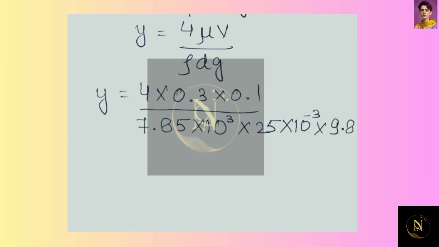So on solving this, we get the value for Y equal to 6.23 into 10 raised to power minus 5 meter. So this is the required clearance length between the tube and the cylinder.